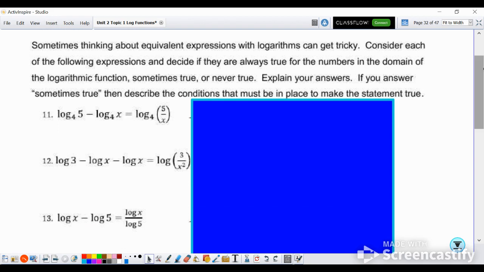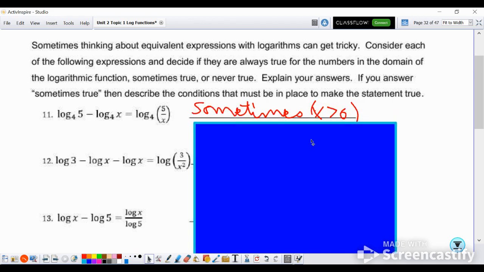So it says log base 4 of 5 minus log base 4 of x can be changed into the quotient rule. And as we already know, if we want to compress or contract a log from subtraction, that's going to change into division. So this one is only sometimes true.